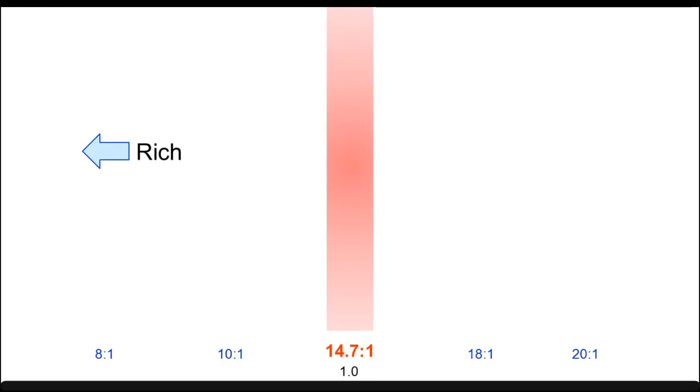Looking left, the ratios get lower, meaning less air for a given amount of fuel. We call these rich mixtures. Looking right, the ratios get higher, meaning more air for a given amount of fuel. We call these lean mixtures.